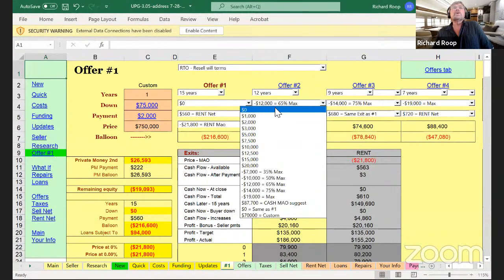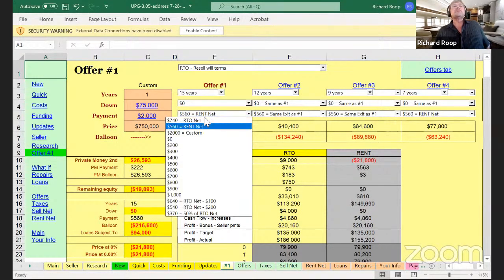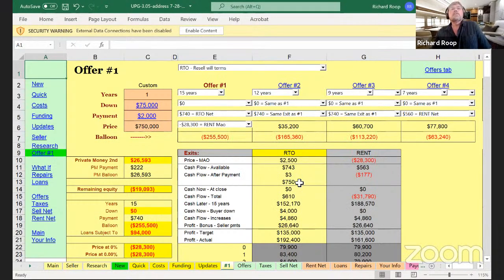So we're going to take a look at no money down to the seller. We can play with that. And then the exit would be an RTO. Your cash flow would be about 740 with that extra income coming from your tenant buyer.